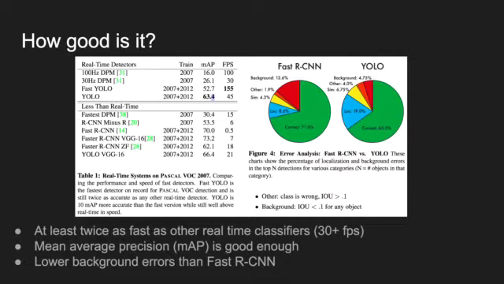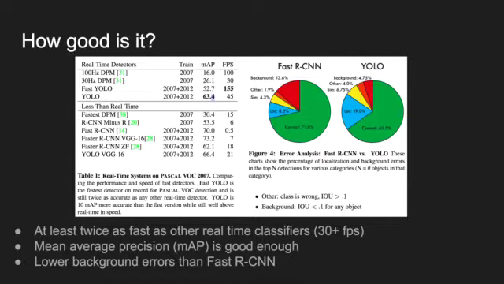So YOLO, on the other hand, if we look at fast YOLO, which used a reduced network. The difference between fast and regular YOLO was that regular YOLO used 24 convolutional layers in the network, and fast YOLO used only 9.